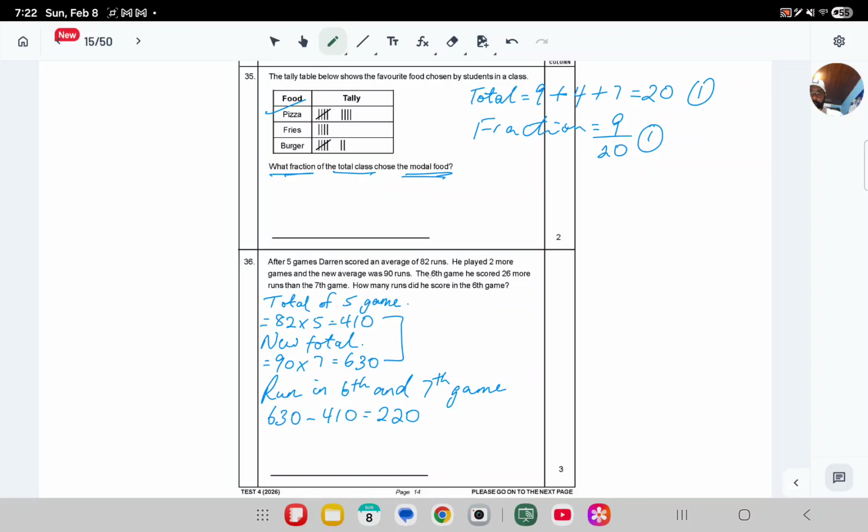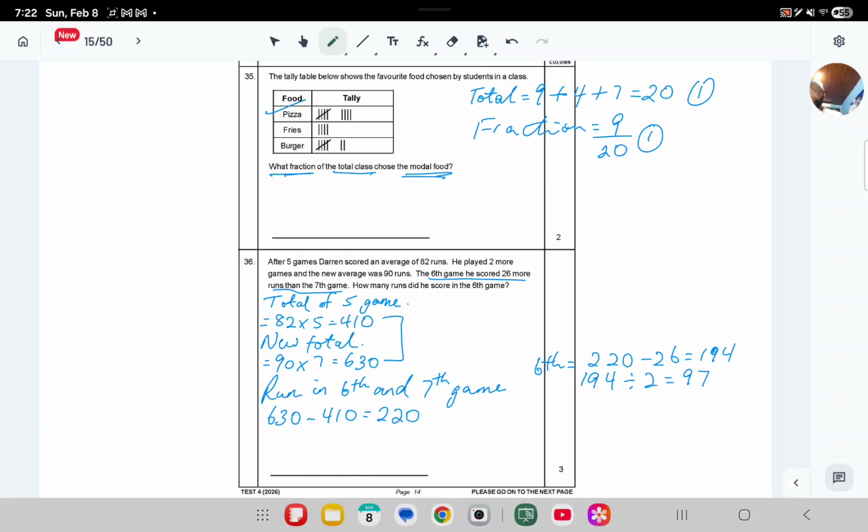From the information given here, they said that in the 6th game he scored 26 more runs than the 7th game. So this is where we use our unequal sharing here. So to find out for the 6th game, it would be the 220 take away the 26 extra, and that will leave us with 194. From this 194, we divide that by 2 because it's the 6th and 7th game we're dealing with, and that will be 97.